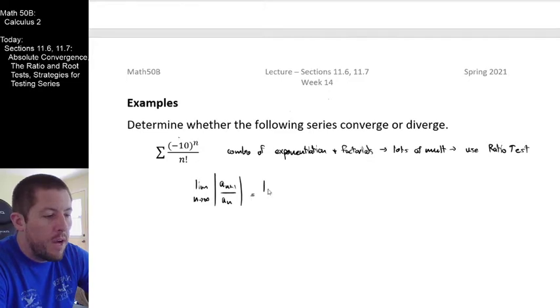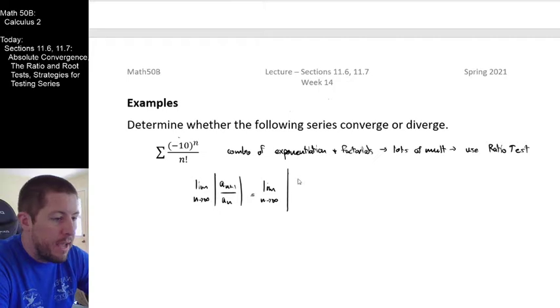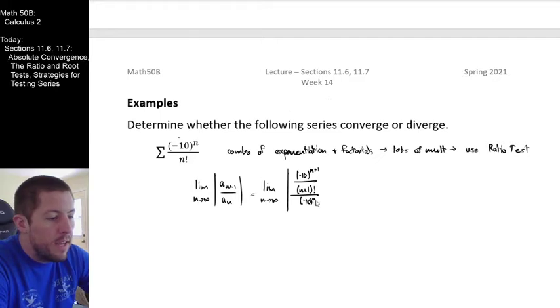For us here, this is the limit as n goes to infinity of, and you're going to get, not always, but very common, some big old bulky complex fractions that you're going to need to manage. So it looks like I'm going to get (-10)^(n+1) over (n+1) factorial, all divided by (-10)^n over n factorial.